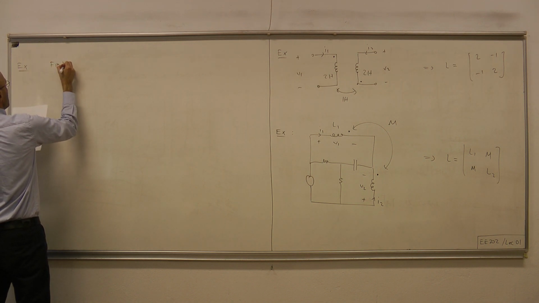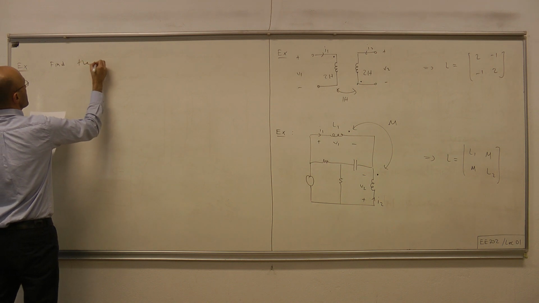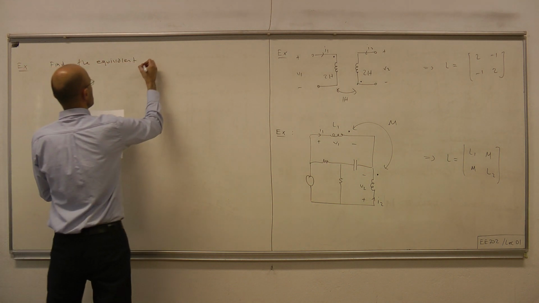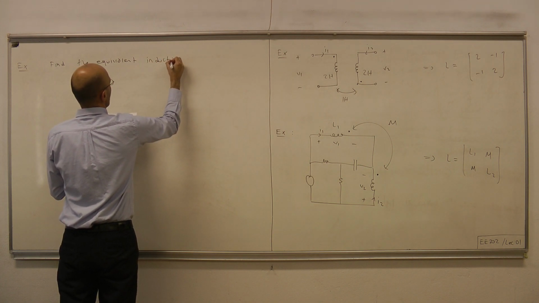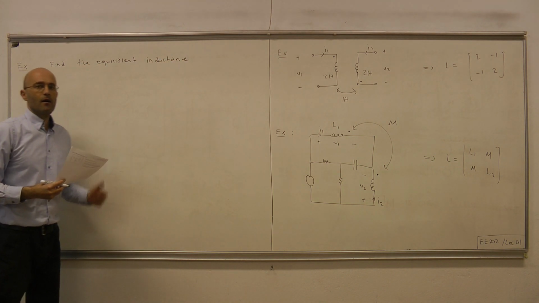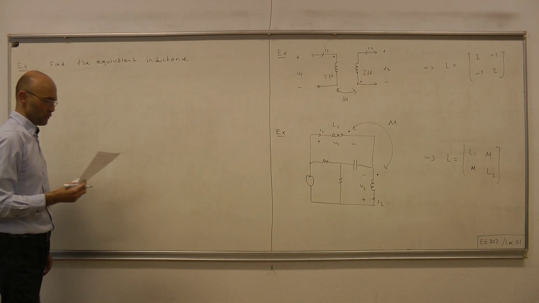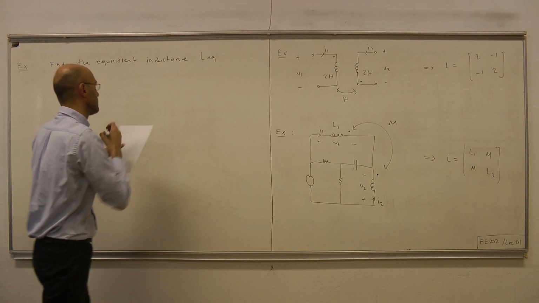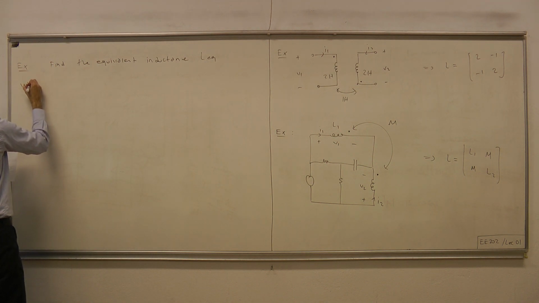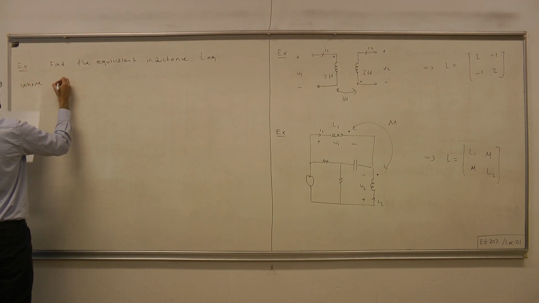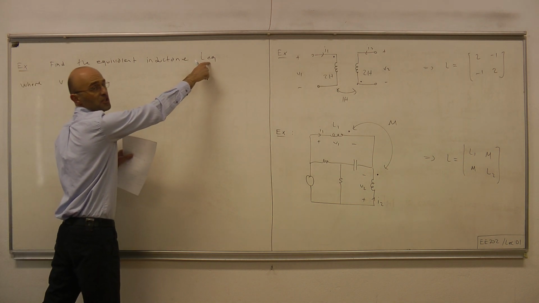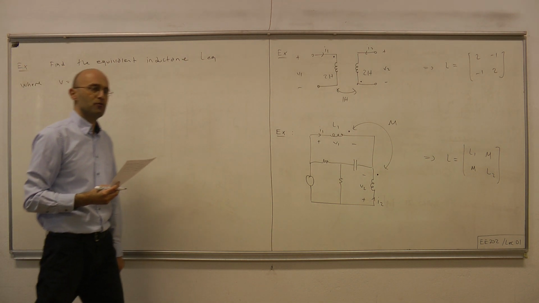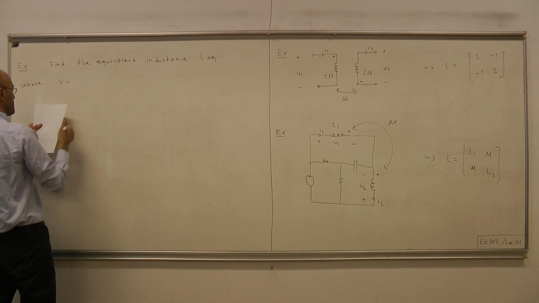Find the equivalent inductance for the following one port or two-terminal device. V equals L equivalent di/dt, where that constant is such that it relates voltage to the rate of change of current.